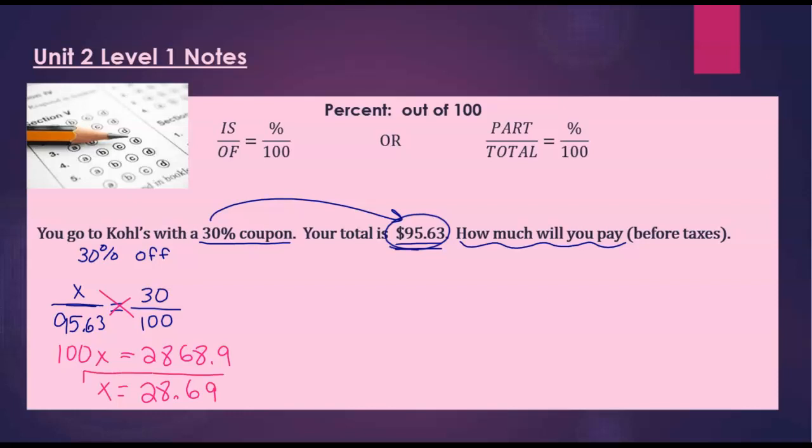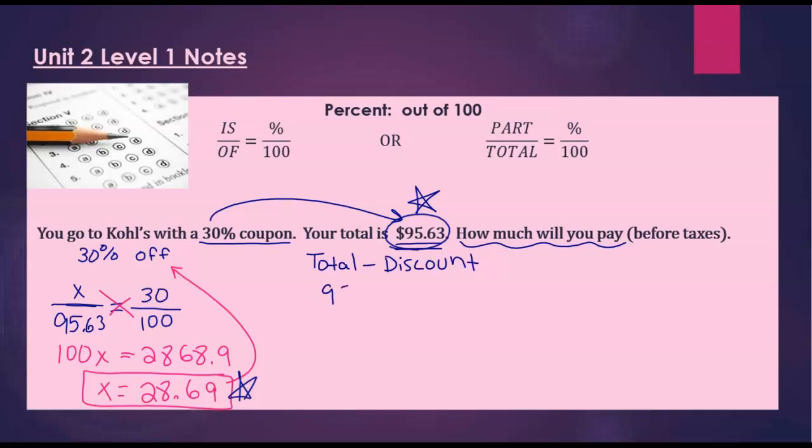All right, so folks, that's just my 30% off. That's not how much I'm going to pay. I would love it if with 30% off I'd pay that, but that's the discount. So now I have to take my total and subtract my discount. If it was my taxes, I would add it on.